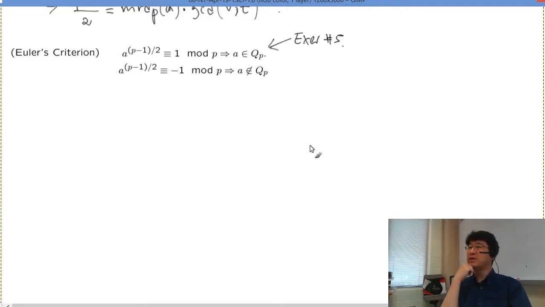It's like a to the L is congruent to 1 mod p, right? What can you say about L? If L is p minus 1 over 2, that's what we're looking at. A to the L is equal to 1, what can you say about L?